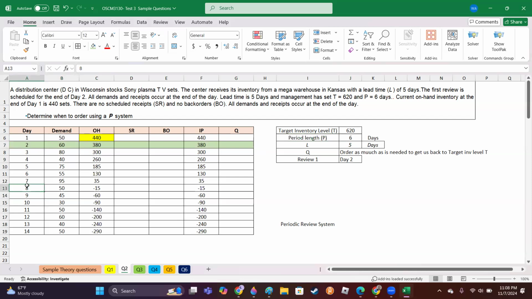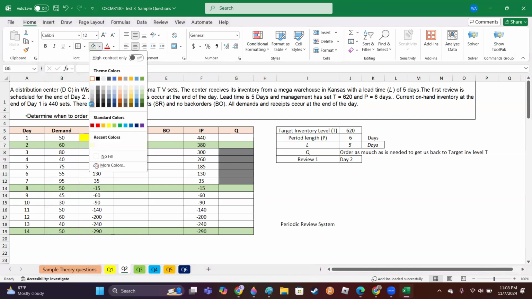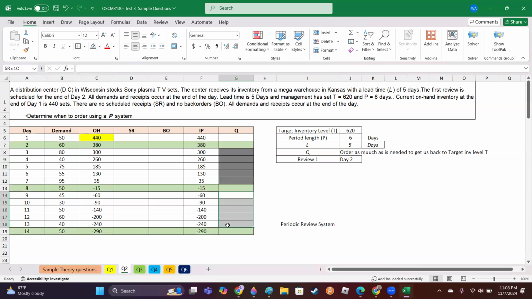Our next buy night is going to be on day 2 plus 6, which is day 8. Then 6 days later, 8 plus 6, we're going to again purchase on day 14. In between here, there's no buying. Let me just darken this out. We're not going to be placing any orders in between, and no orders on day 1.